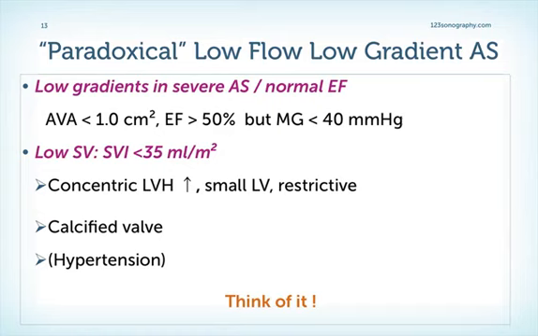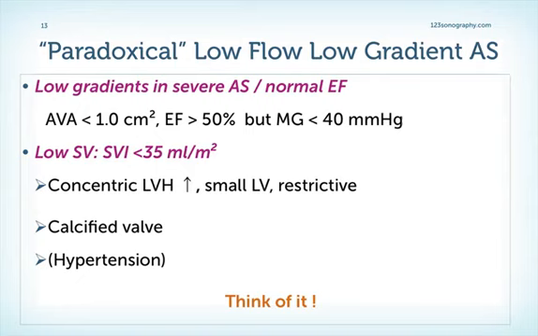These patients have an underlying low flow, and when you calculate the stroke volume or even the stroke volume index, this shows up to be in a low range, and when you calculate the stroke volume on the body surface area, you will have a stroke volume index below 35 milliliters per square meter.